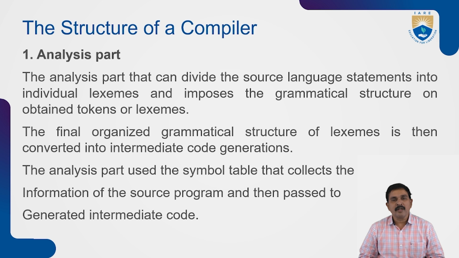Whatever statements are given have some functions and operands. Operands are recognized as tokens, also called lexemes. The lexemes, tokens and their values can be stored in the symbol table. So the analysis part consists of four phases and also interacts with the symbol table.